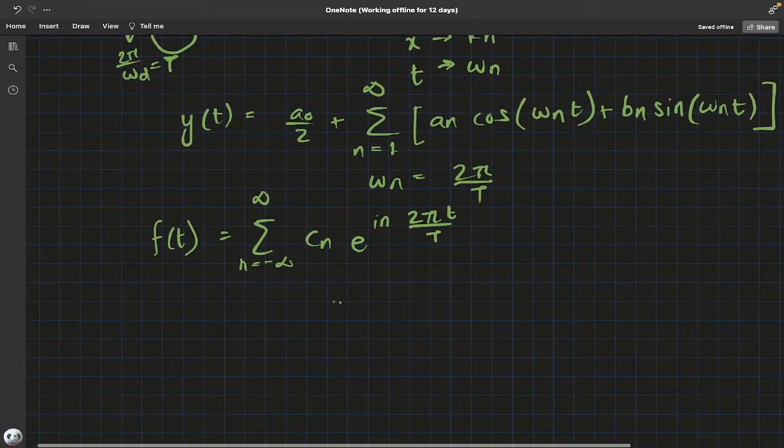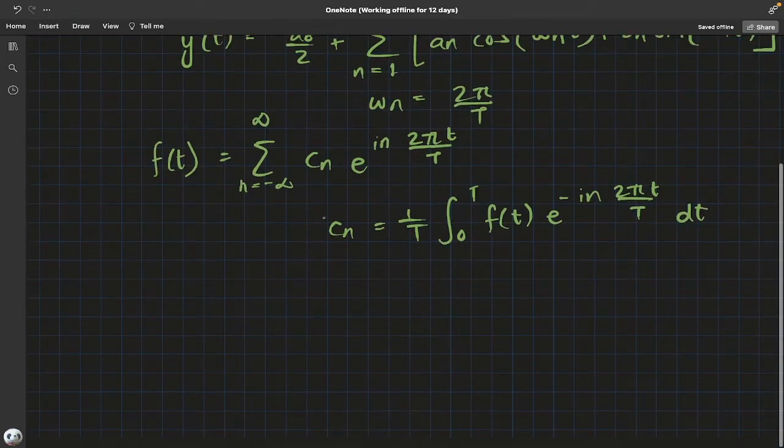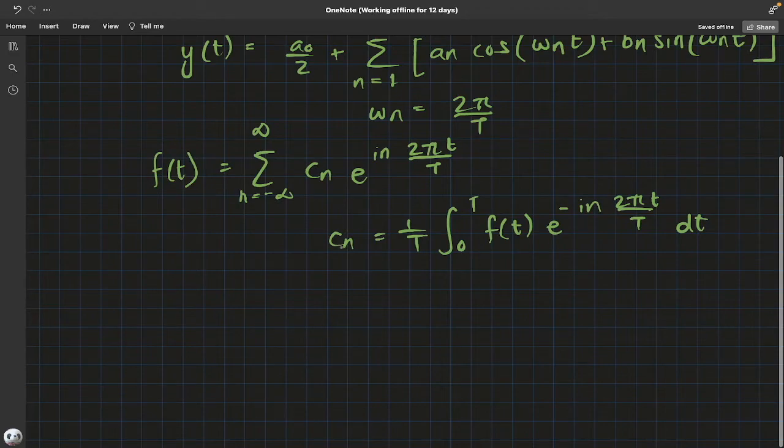And now the c n factor can be calculated using this orthogonality: 1 over T integral from 0 to T. So we have a time integral in this case, e to the negative i n 2 pi t over capital T dt, which for the sake of what's going to follow I will take from negative T over 2 to T over 2.